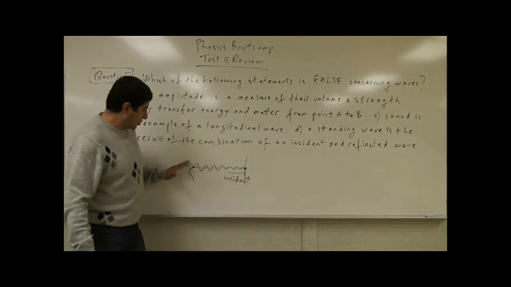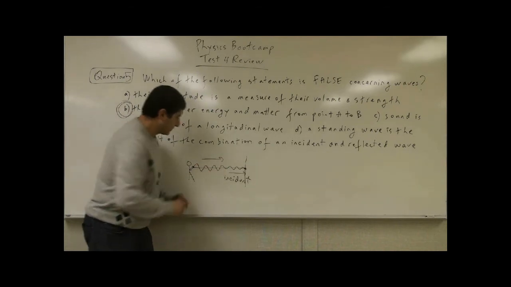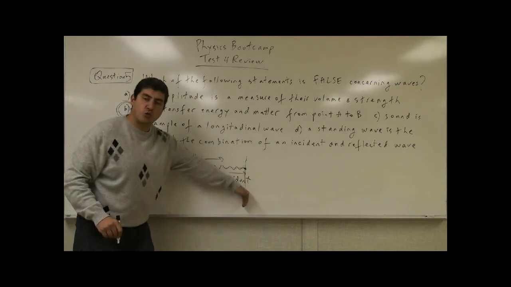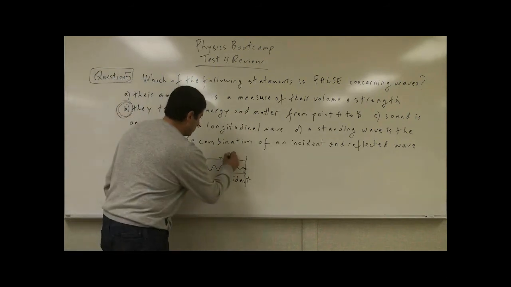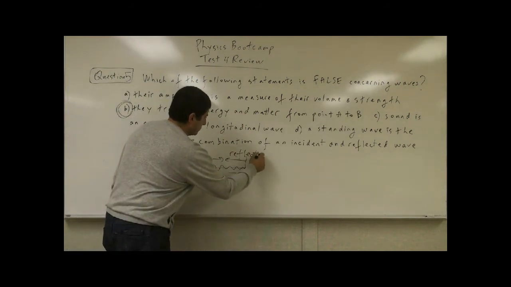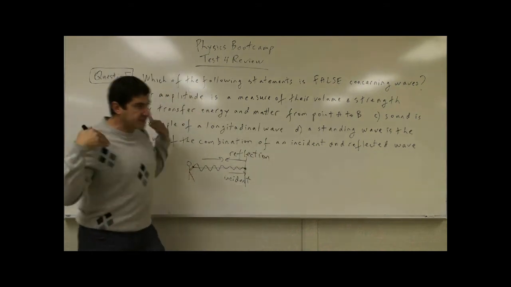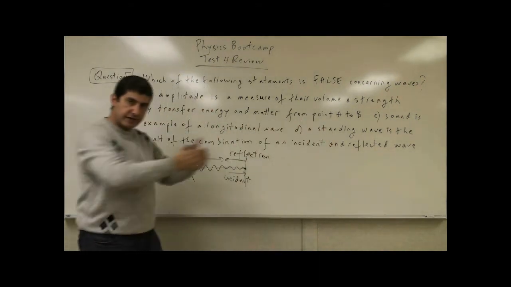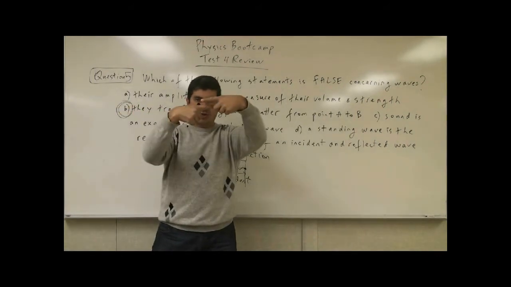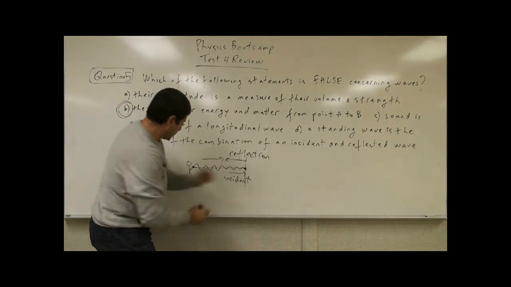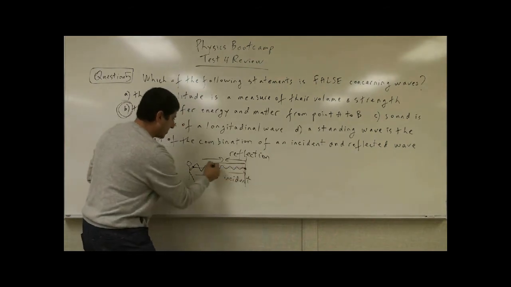The wave is traveling right now, and it's incident upon the wall, and then it reflects from the wall. So when you have incidence and when you have reflection, you have two waves that are going in opposite directions, right?